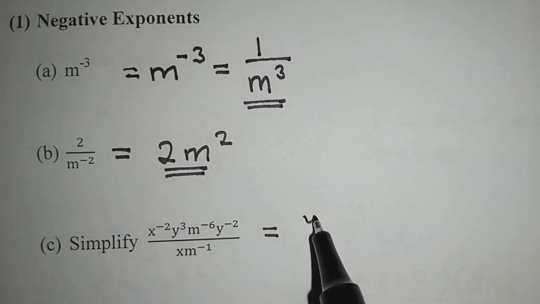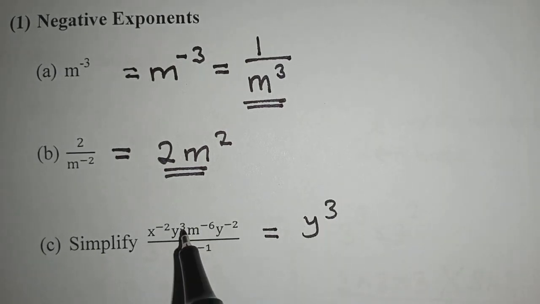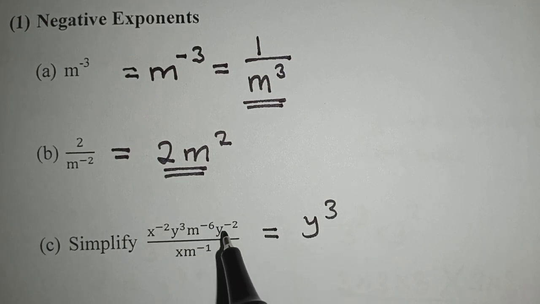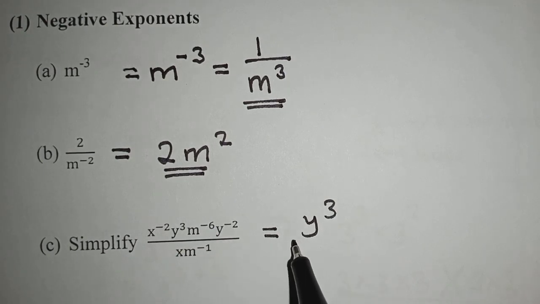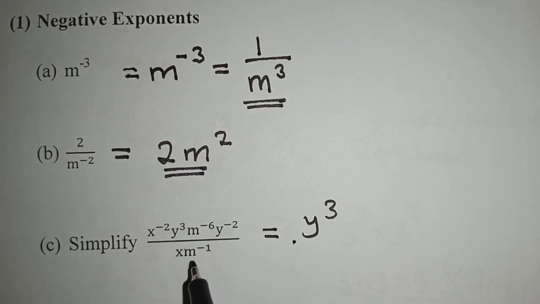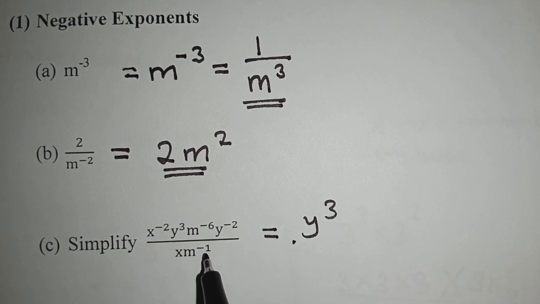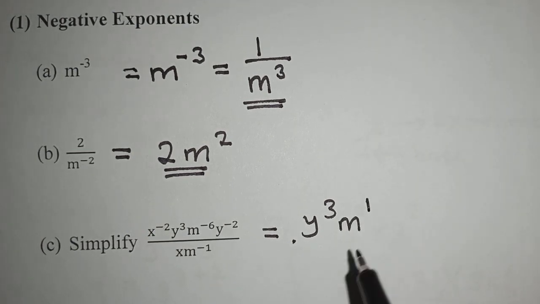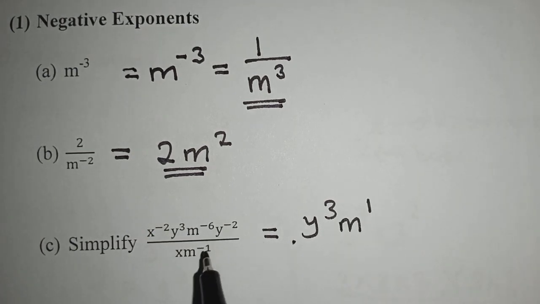Here, y will maintain power 3 because the power is positive. Here, it will move. This y will move. So we check now below here. Do we have anything with negative power? We have got this m, which has got power negative 1. So it will go on top. So it will be positive 1, power positive 1.